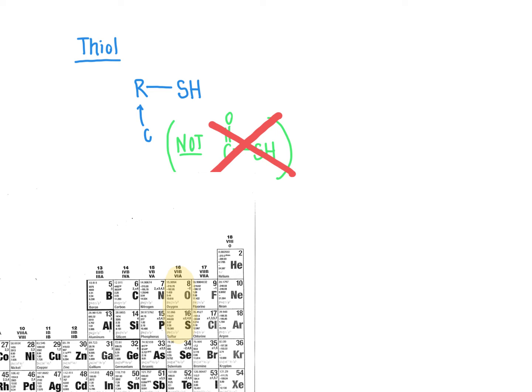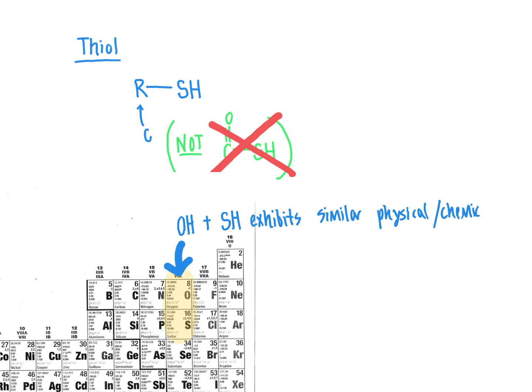And hence, due to the fact that they are in that same column, we anticipate accurately that alcohol groups that have an OH and thiols with SH exhibit similar behaviors and types of reactions that they will undergo, and in terms of their physical properties such as boiling point and melting point. So we can expect these groups to exhibit similar physical and chemical properties. There are some distinctions between the two, which we will get into in later videos within this unit.